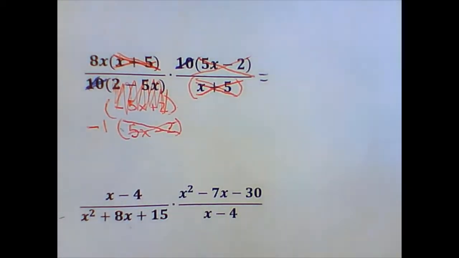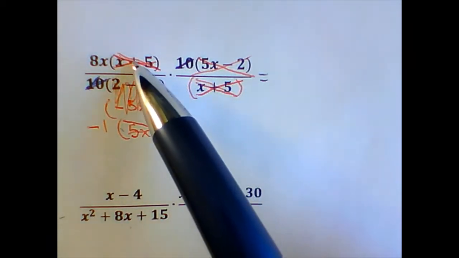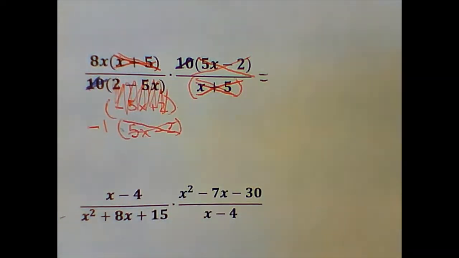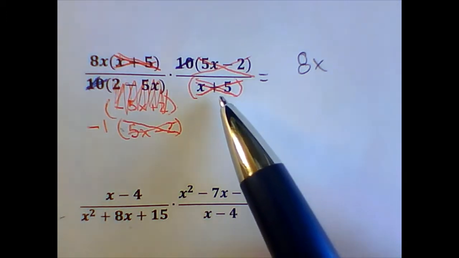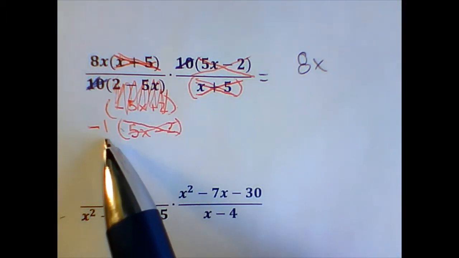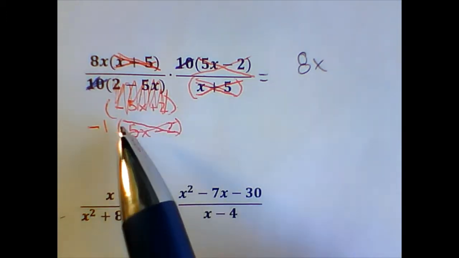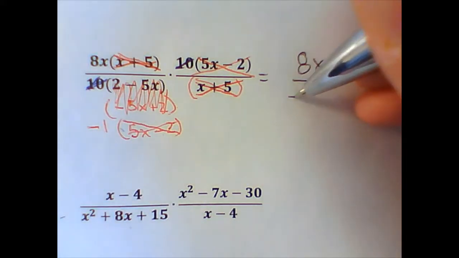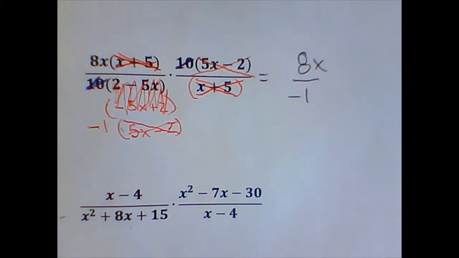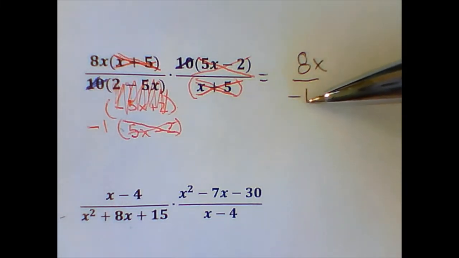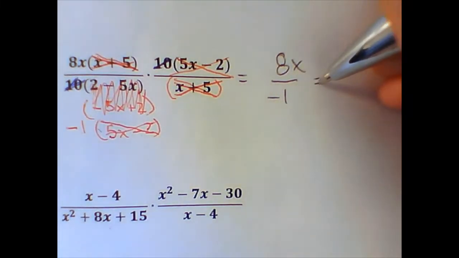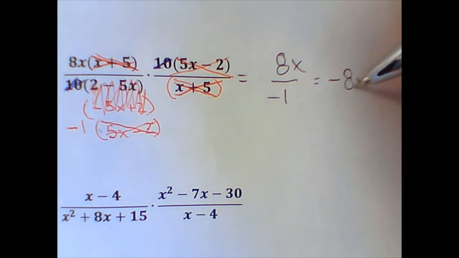All right, so let's look at what is left over. Everything vanished from the top except for that 8x in the very front. In the bottom, everything vanished except for that negative 1 that we pulled out to force a match. So there is a negative 1 on the bottom. And since we've got lone numbers, we can actually divide those. 8 divided by a negative 1 ends up being negative 8, and then there's your x.